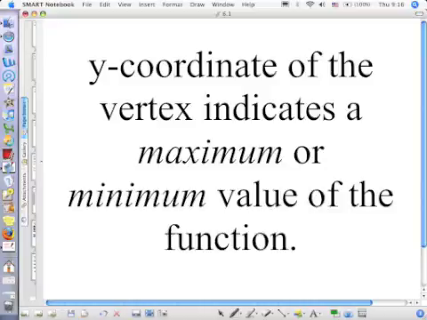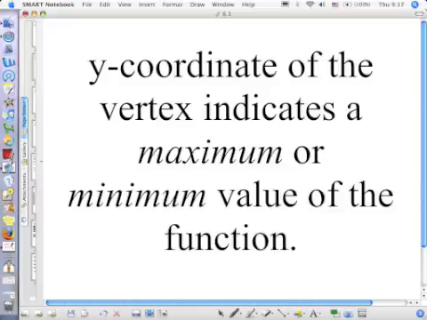There is a reason for these things, and they are used in real-life situations. The y-coordinate of our vertex tells us if there is a minimum or maximum value of the function. Now think of your y-axis. As you go up, you're getting bigger and bigger, right? As you go down, you're getting smaller and smaller.